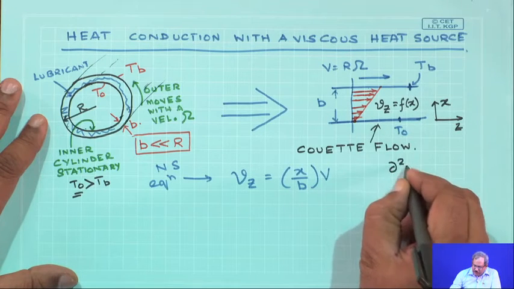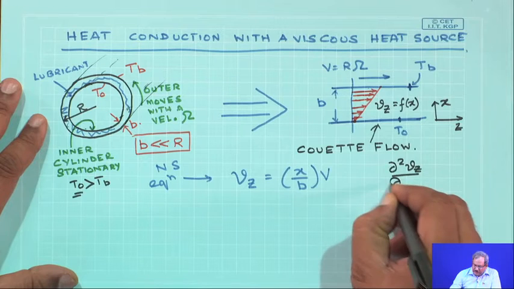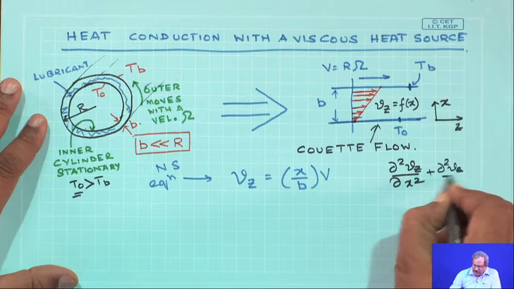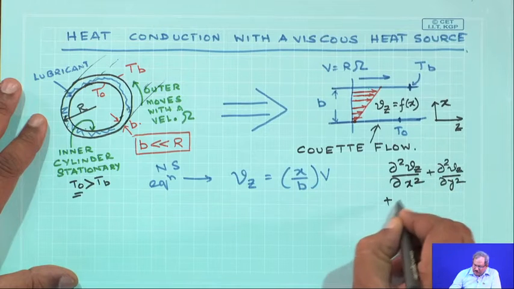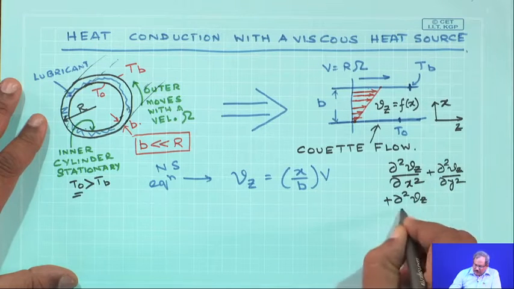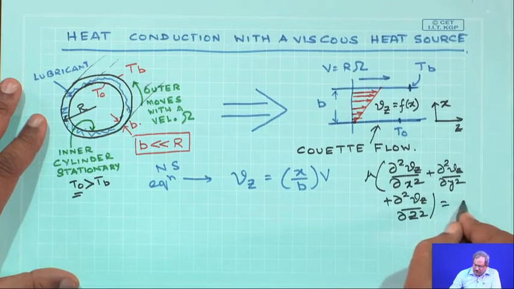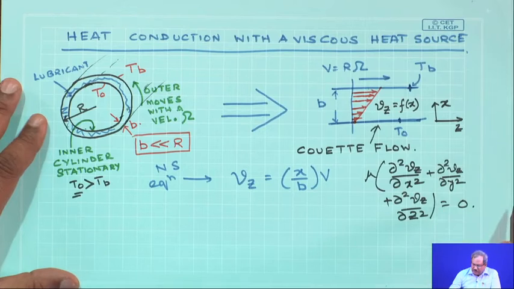It is simply going to be del square Vz by del x square plus del square Vz by del y square plus del square Vz by del z square, multiplied by mu, equal to 0. This is the Navier-Stokes equation.